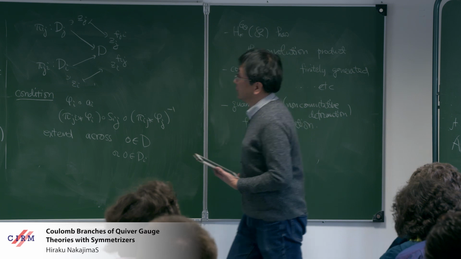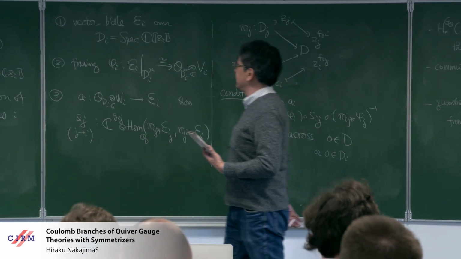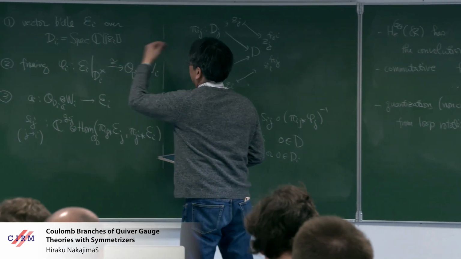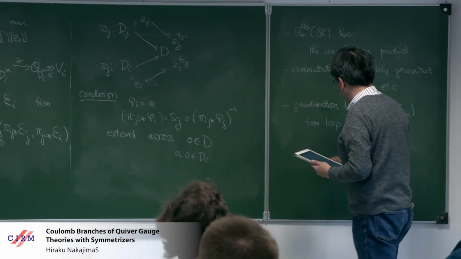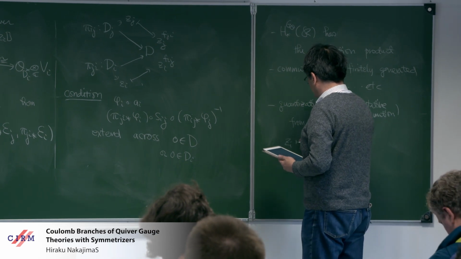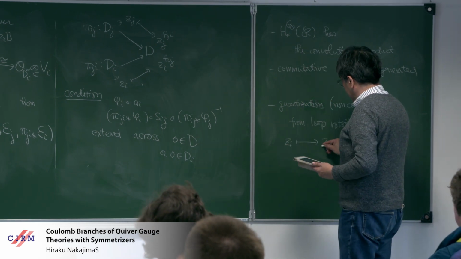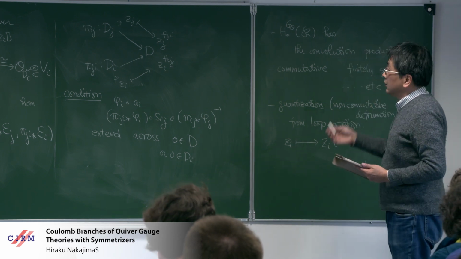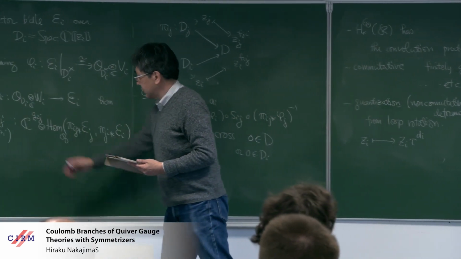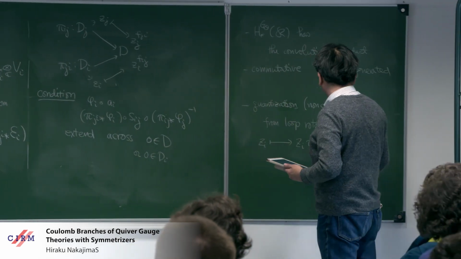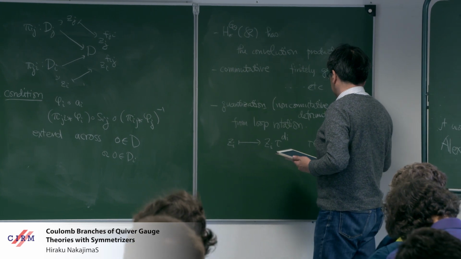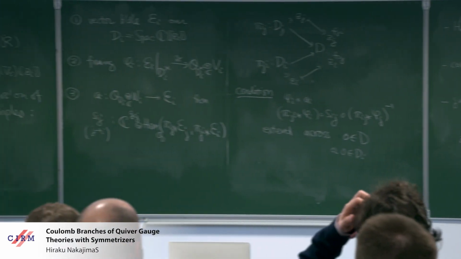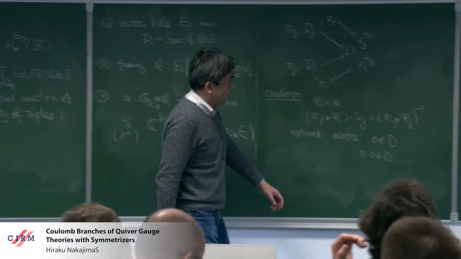But as I said, the disk could be different for each vertex, so the loop rotation could be different for each vertex, and the normalization is just given by this automorphism of D_i. If you multiply by d_i, then it is compatible with this action. Okay, basically that's it.